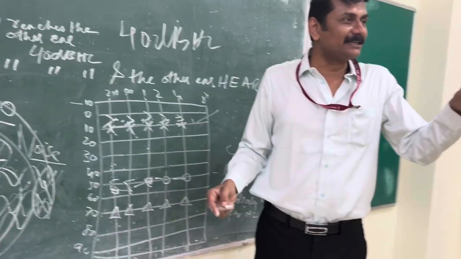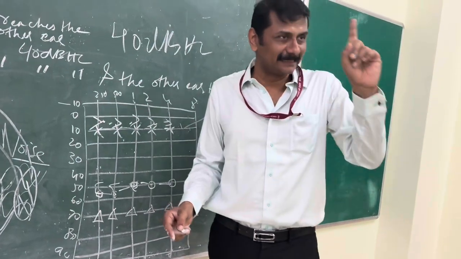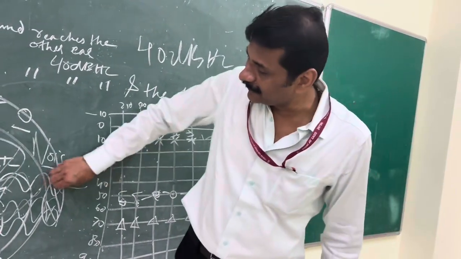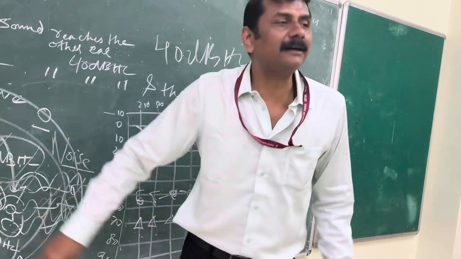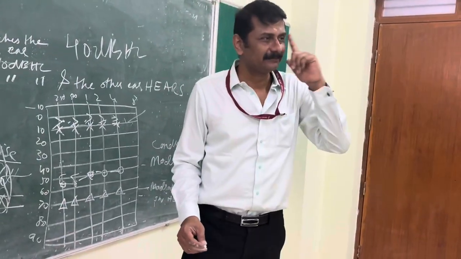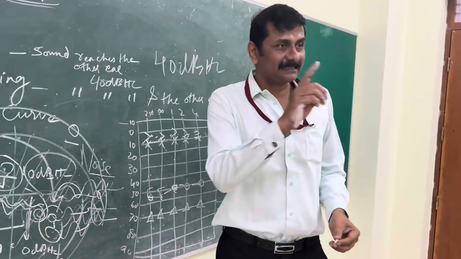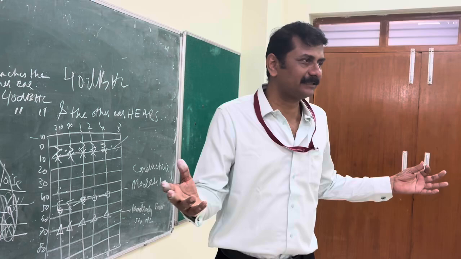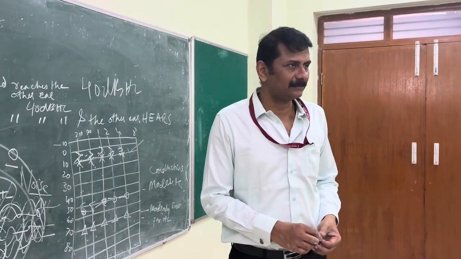So the diagnosis changes, the management will change. So there is a need for masking, and this masking is done by giving a narrow band noise to the non-test ear, not the test ear. Test here we are testing, non-test here, correct? So this is the necessity of masking. Otherwise there will be a misdiagnosis and mismanagement. Right? Thank you.